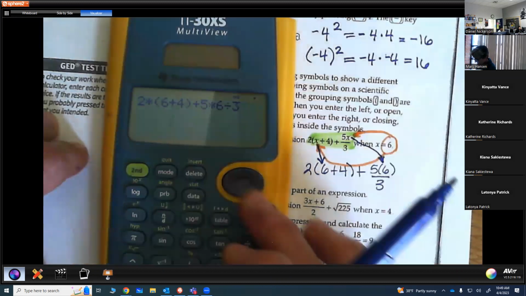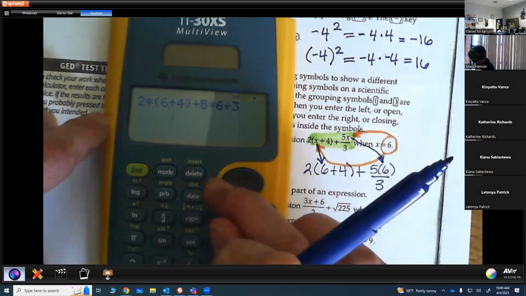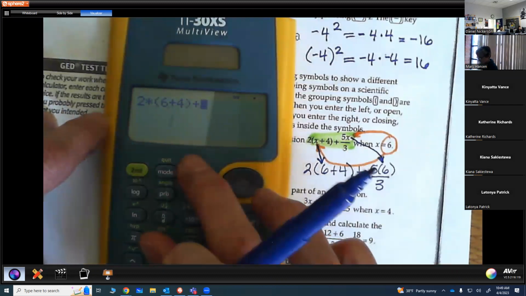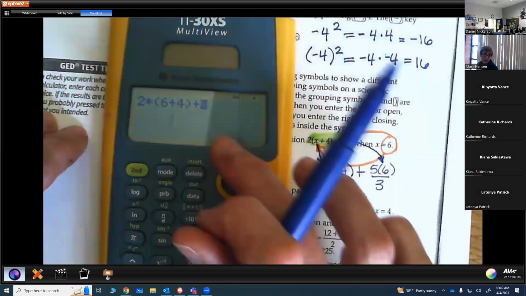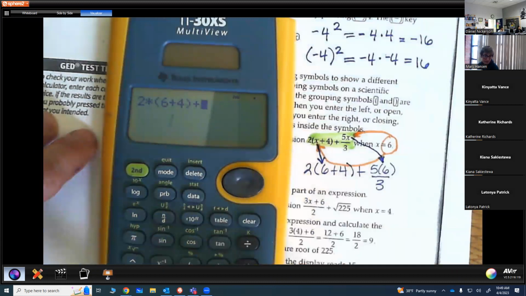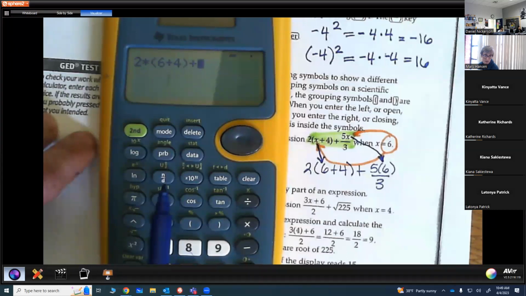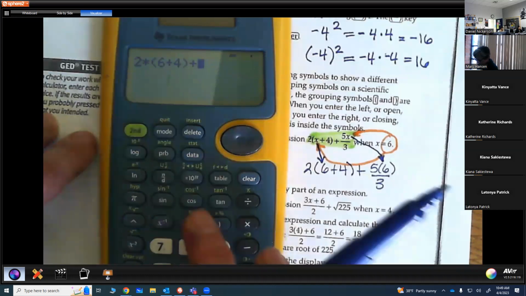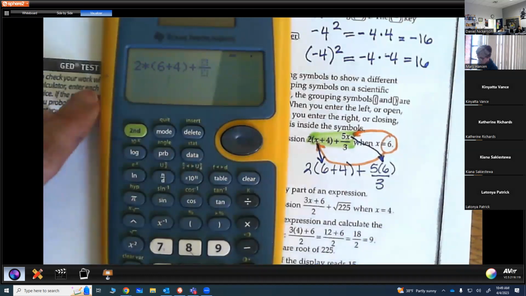But I think a better way to enter that, and let me delete this part, is we're going to make this look just like it does here by making a fraction. And if you look at the fraction key, 3 keys above the 7 says N over D, which stands for numerator over denominator. And if you press that key, it creates a fraction template for you.